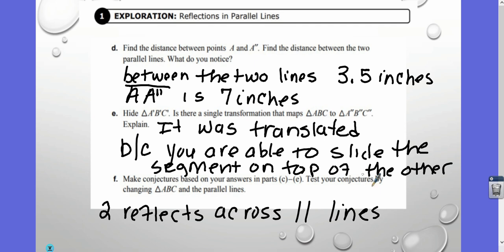So if you do 2 reflections across parallel lines, you're going to create not a reflection, but a translation.